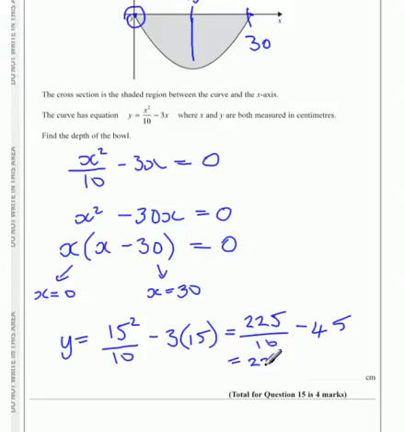So that's 22.5 take away 45, which is minus 22.5. The depth of the bowl is going to be a positive number, so it's just going to be this, but positive 22.5.